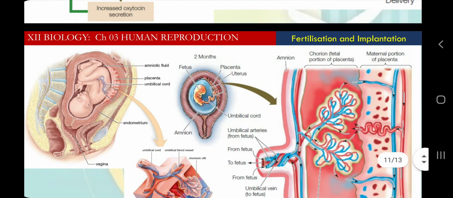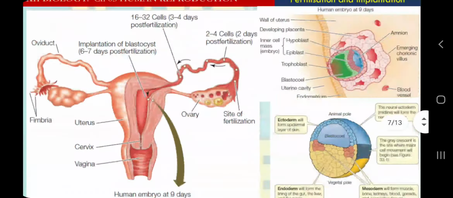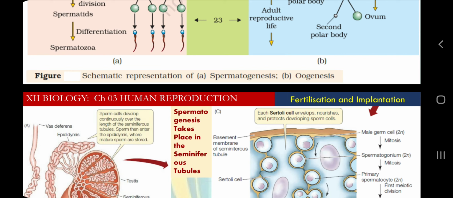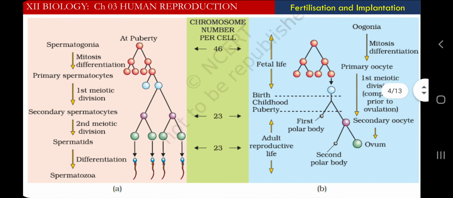lactation. Because we humans are mammals, if you have learned animal diversity in class 11th biology, chapter number 4, we humans are mammals. We have many features of mammals. We have hair on our body, and we have mammary glands, so breasts, to feed our child. So breasts are also considered part of the human female reproductive system.